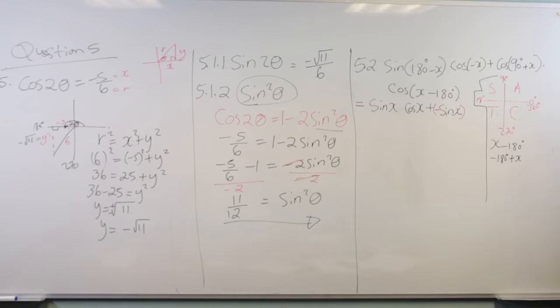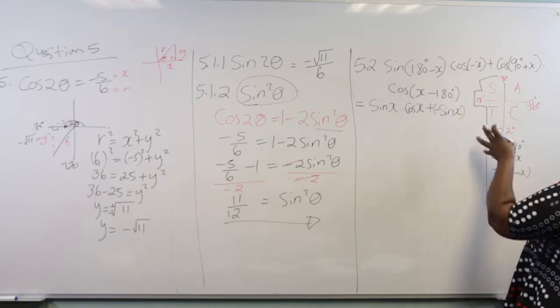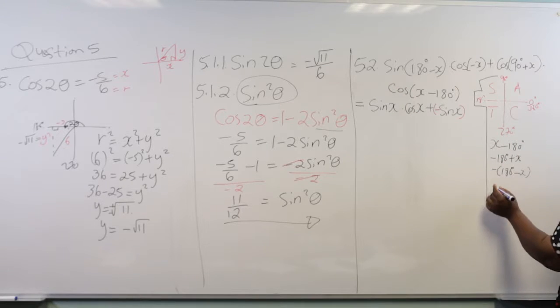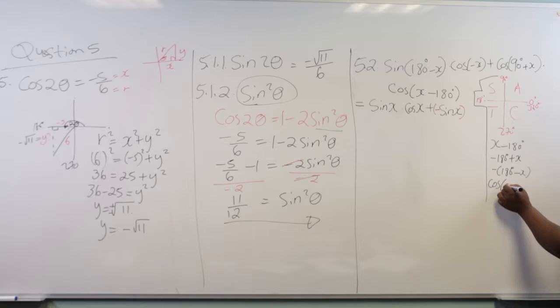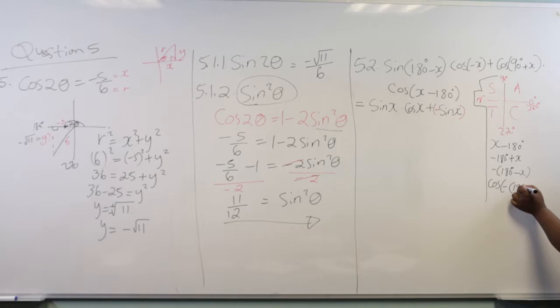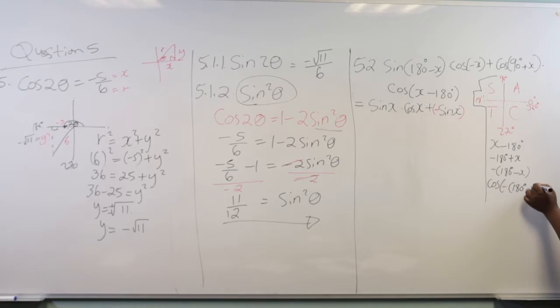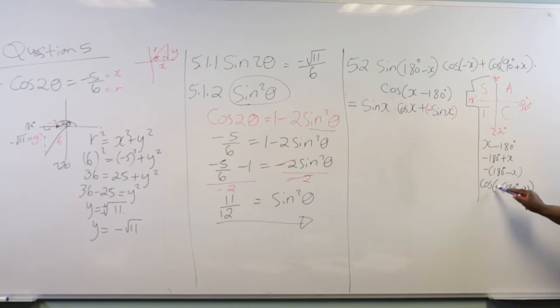If I take out the common factor, I'll have negative (180 minus x). Can you see, if I multiply this out, I'll go back to what I have. So what we are going to do is put our cos, put a negative, and also the angle 180 minus x. Remember, folks, negative is in the fourth quadrant. Then that means cos is going to be positive.